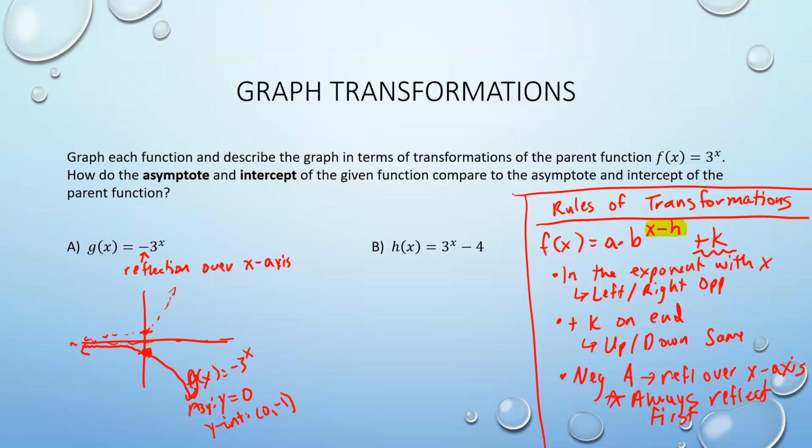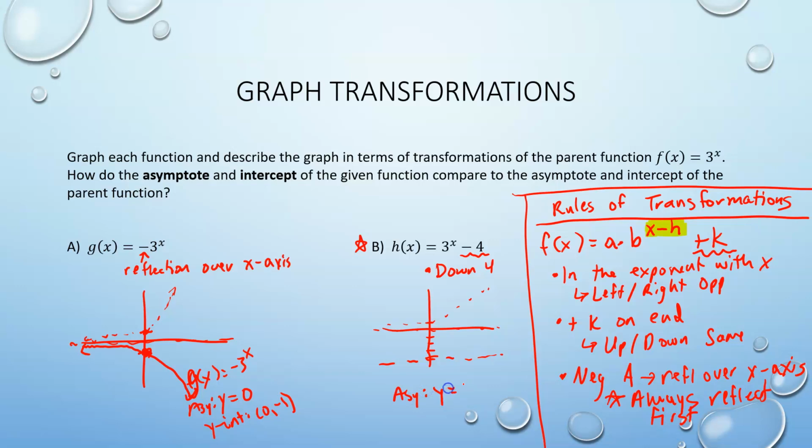Okay, I want you to pause the video and ask yourself what happens in B and then unpause. Hopefully you're able to identify that the negative 4 is after everything, so that is actually going to move it down 4. Which again means I take what was originally, so 3 to the x would have looked like this. Now this is where you would actually take the asymptote that was at 0, and that asymptote moves down to negative 4.